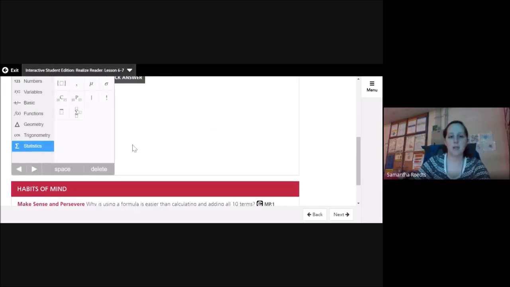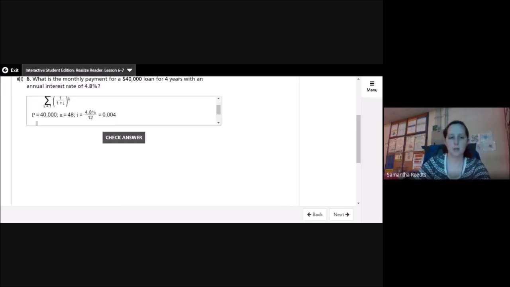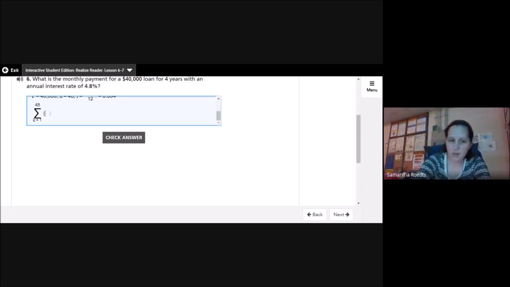So the sum where k equals 1 to 48 of 1 over 1 plus 0.004 to the k power.